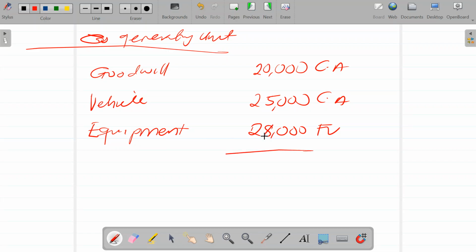So when we add these assets together, how much are we getting? 20,000 plus 25,000 plus 28,000.